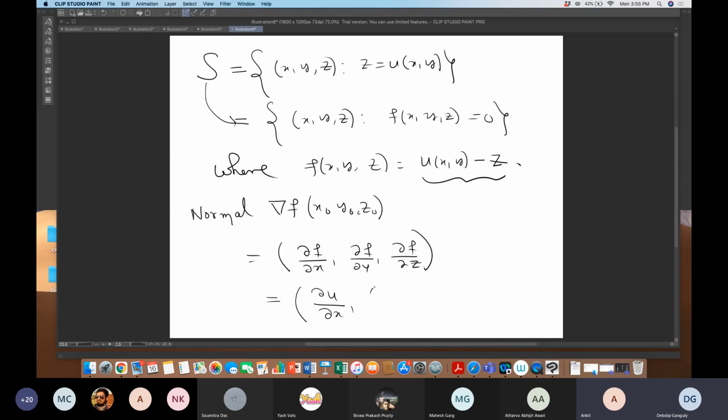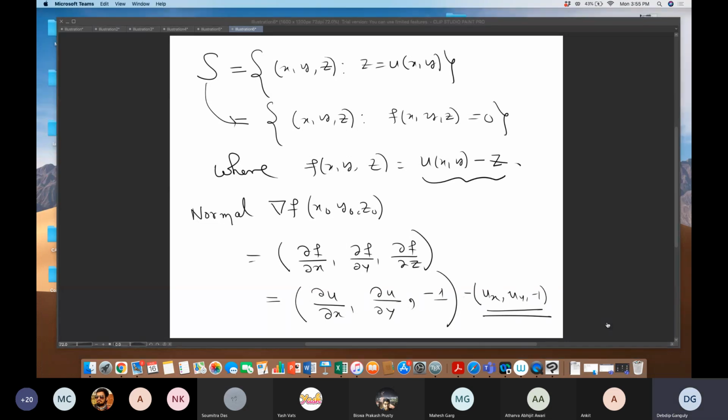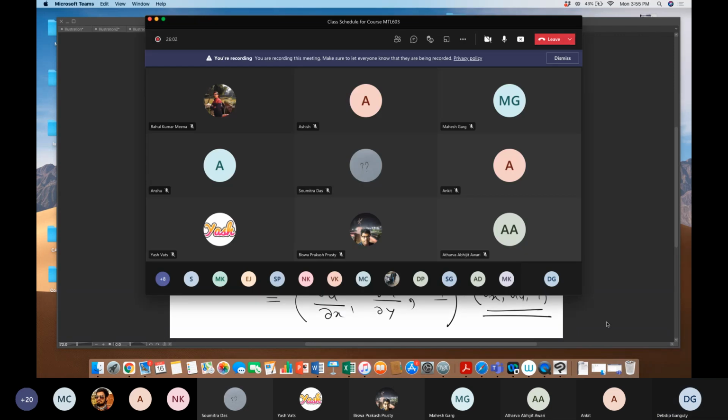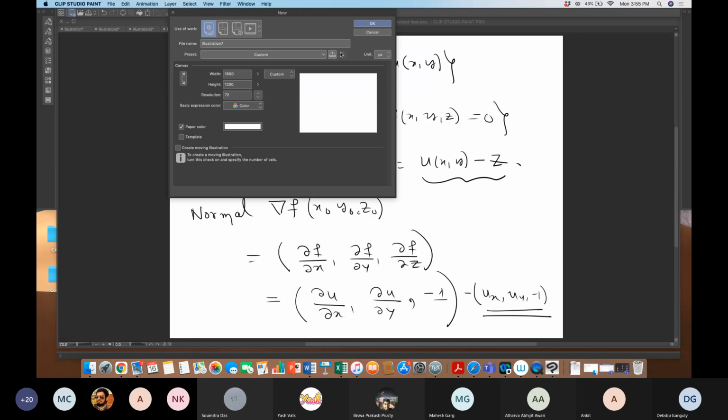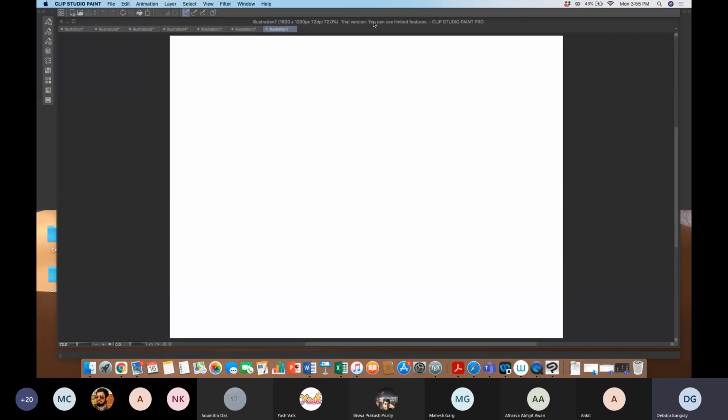Del u by del x, del u by del y, and what is del f by del z? Minus 1. Of course, these are all derivatives at the point x naught, y naught, z naught. So it is ux, uy, minus 1. This is the normal at the point x naught, y naught, z naught. Clear? Is it clear to all? Okay, so this is the normal.